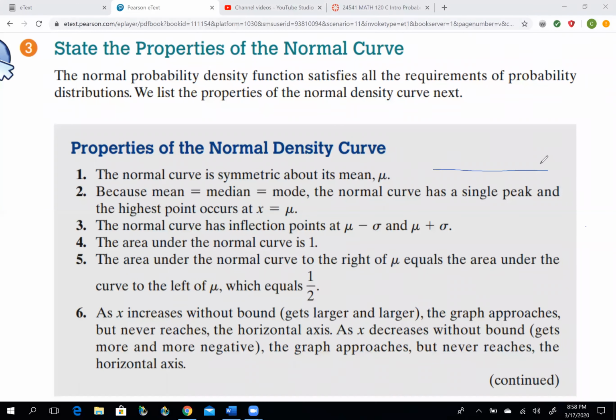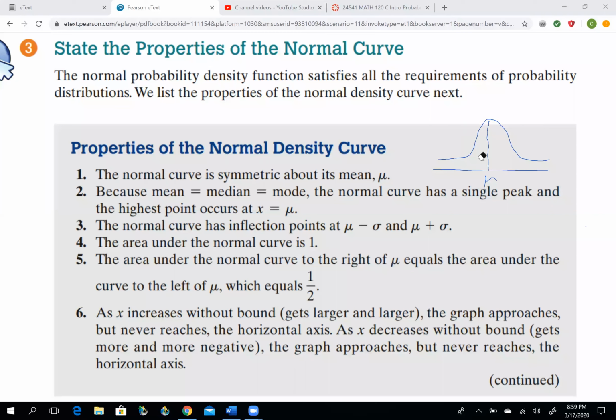Again, guys, if this is a bell shape and this is the mean mu, this half is the mirror of the other half. So the normal curve is symmetric about its mean.